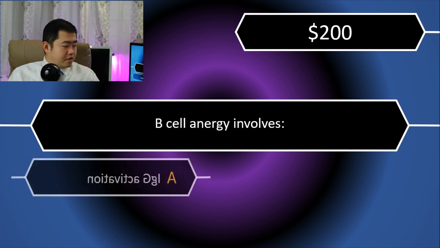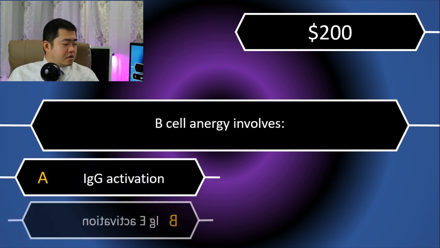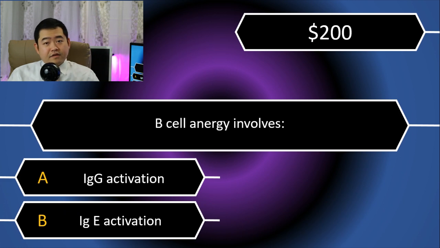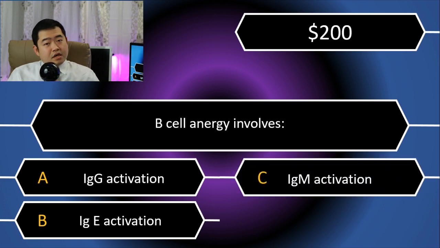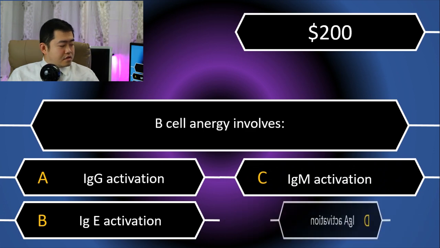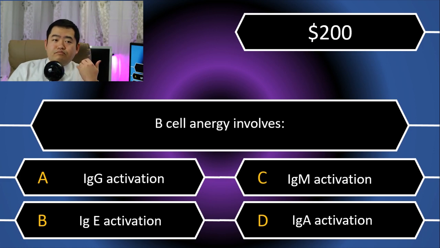It involves A, IgG activation; B, IgE activation; C, IgM activation; and D, IgA activation. This is a pretty basic understanding of B cell anergy. Think back and look at the graph again.